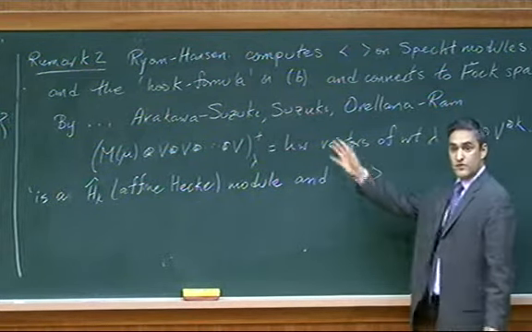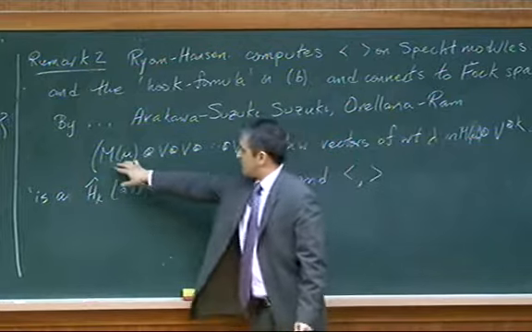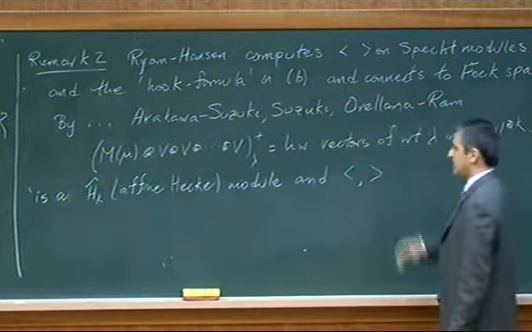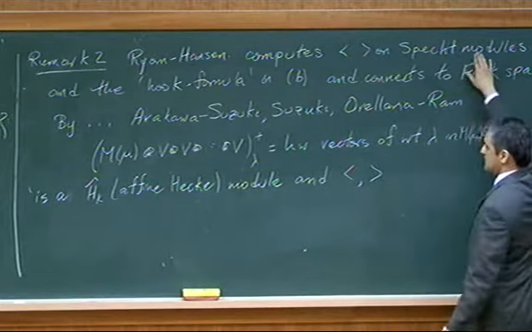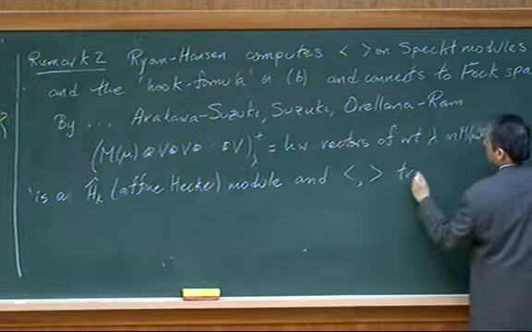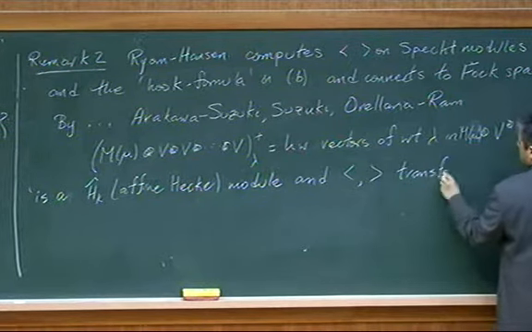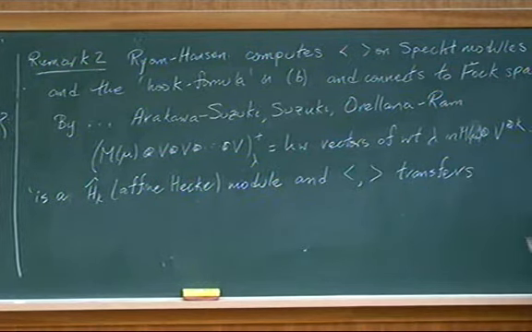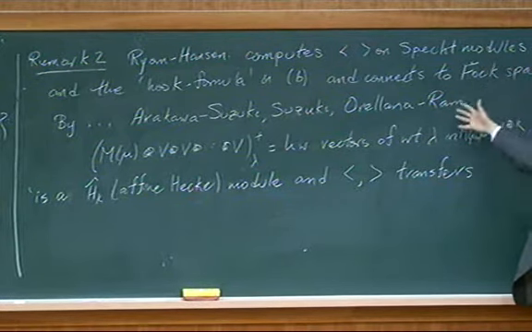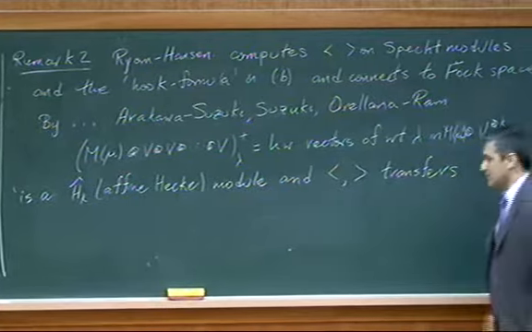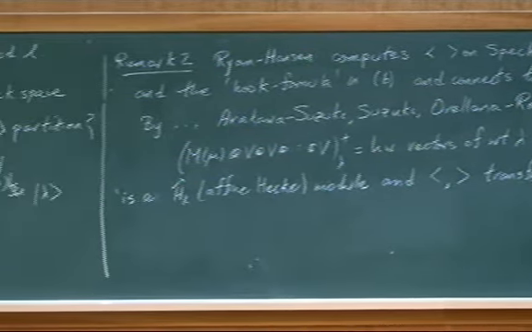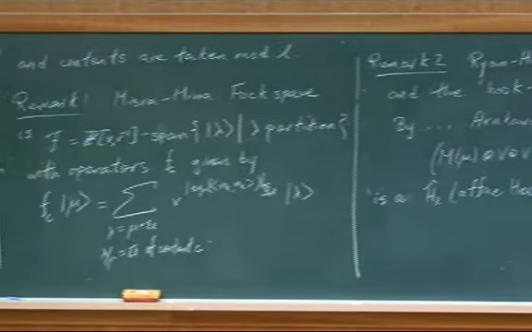So the form when you view it as a U module transfers to a form viewed as a Hecke algebra module, and that's the Specht form. So the different parts of my life are starting to come together: the Schur-Weyl duality, the Fock space, the translation story, and then this story of computing inner products.